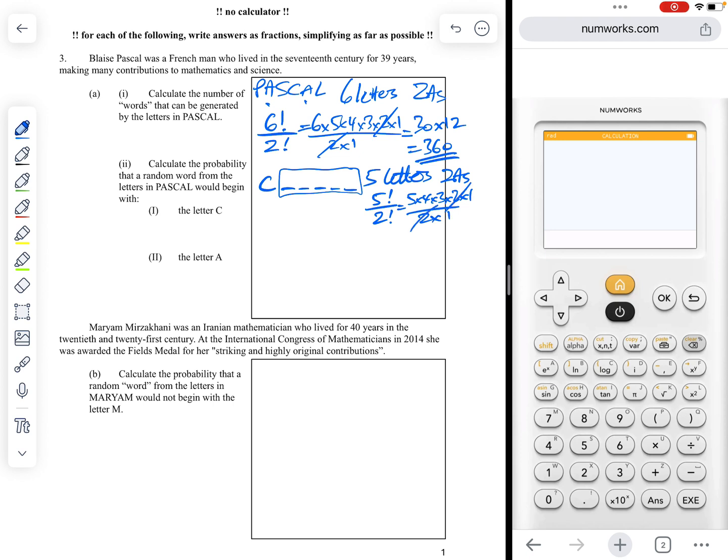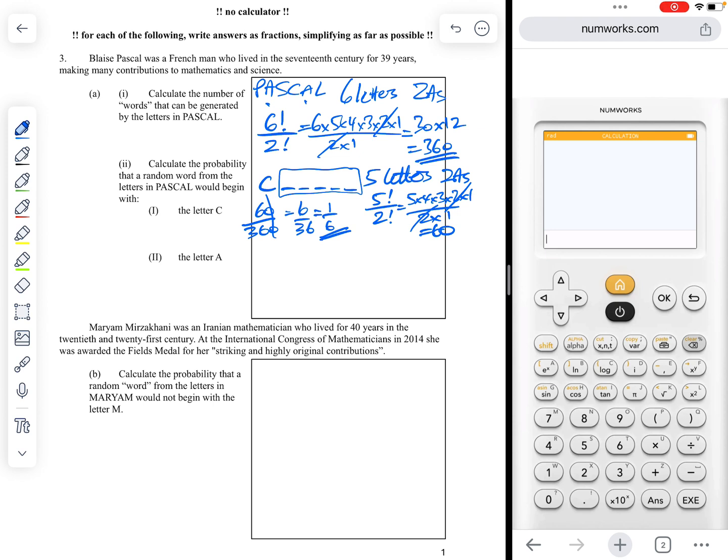The 2's would cancel. 5 times 4 times 3 is 60. So the probability is going to be 60 words starting with C out of 360 words. 60 out of 360. 6 out of 36, which is 1/6 as our simplified fraction. 1/6 of all those words in A part 1 would begin with C.